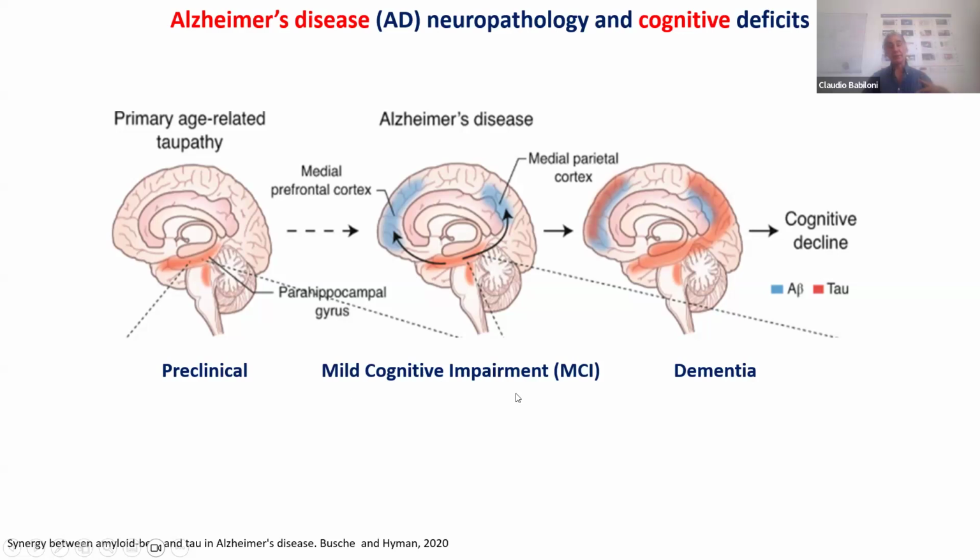So the mild cognitive impairment is compatible with an autonomous life.